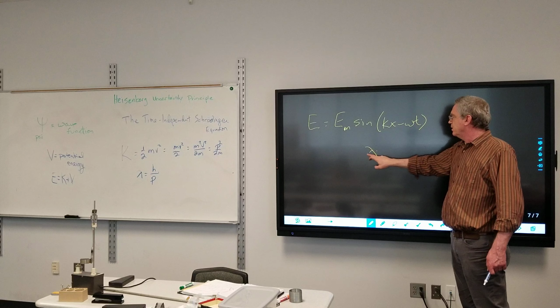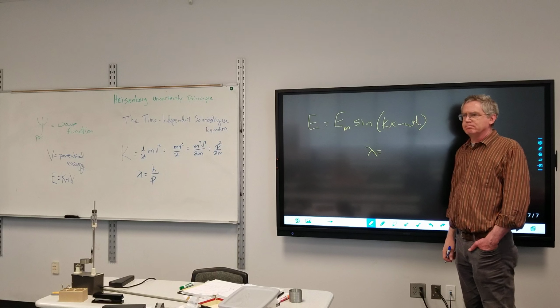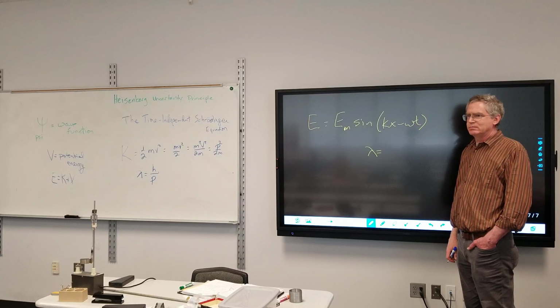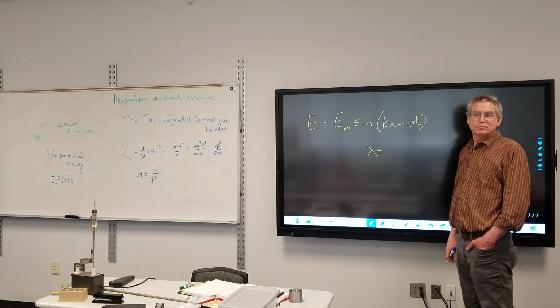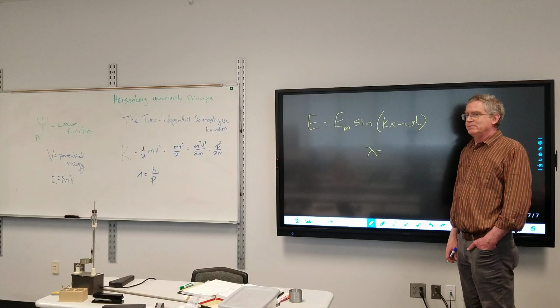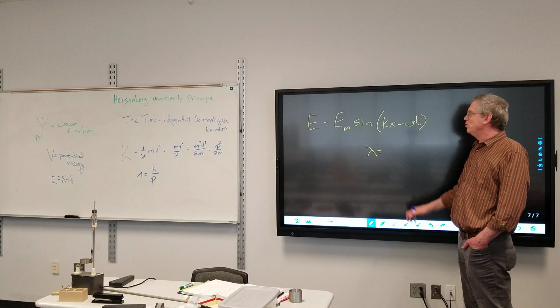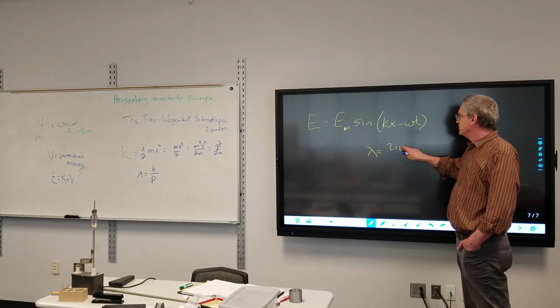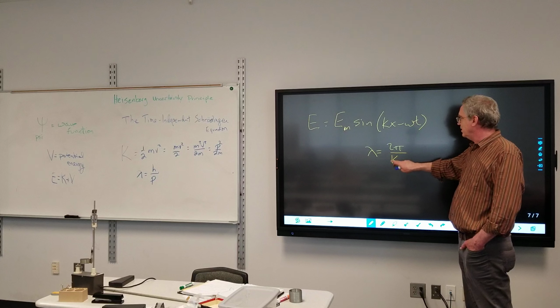What is the wavelength? It's 2 pi over k. 2 pi divided by the wave number.